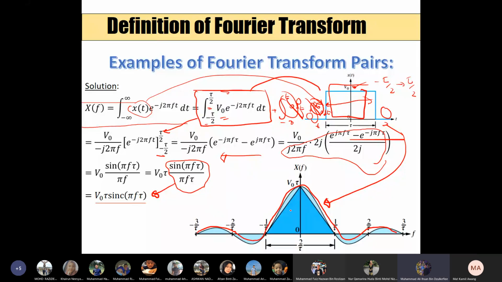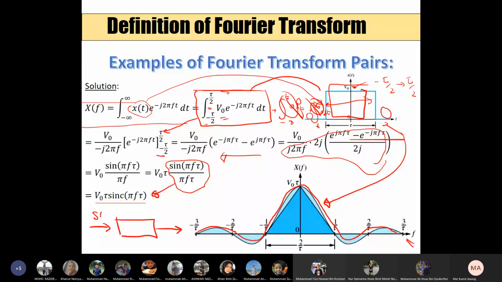Yes. So basically a rectangular wave in time domain will transform into a sinc function in frequency domain. Alright. So there is a transformation. Why do you do this transformation? Actually, in a system, let's say you have an input and then you have a box, a system, and then this output.